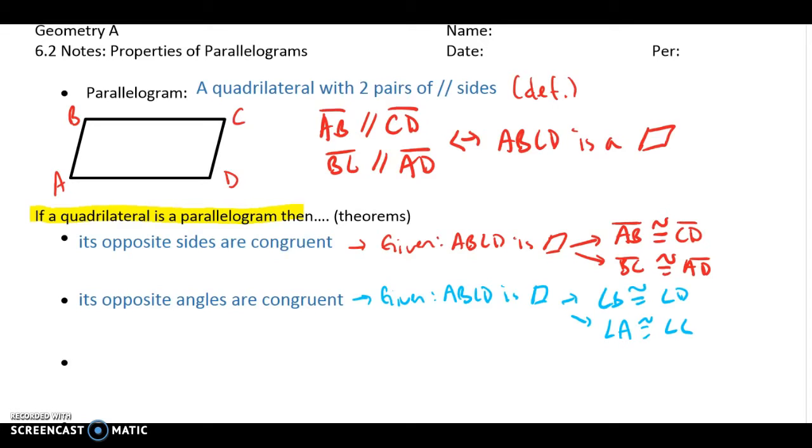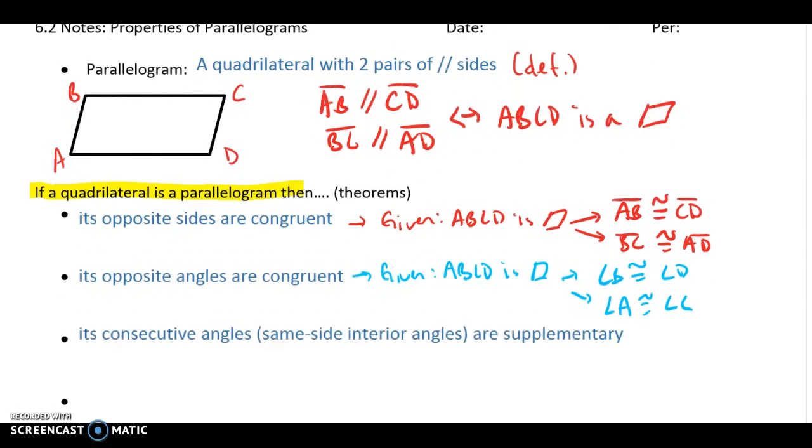All right, next up, we know that if we have a parallelogram, then its consecutive angles are supplementary. Remember, consecutive means one after the other. So, all right, so once again, starting off with our knowledge that ABCD is a parallelogram. And this time we're saying the consecutive angles, remember again, that means one after the other. So that would mean things like angle A and angle B are supplementary, right?